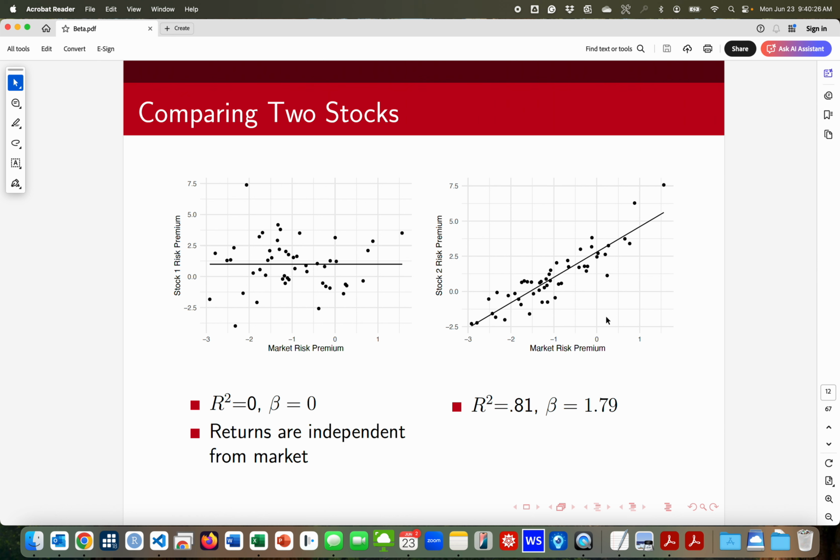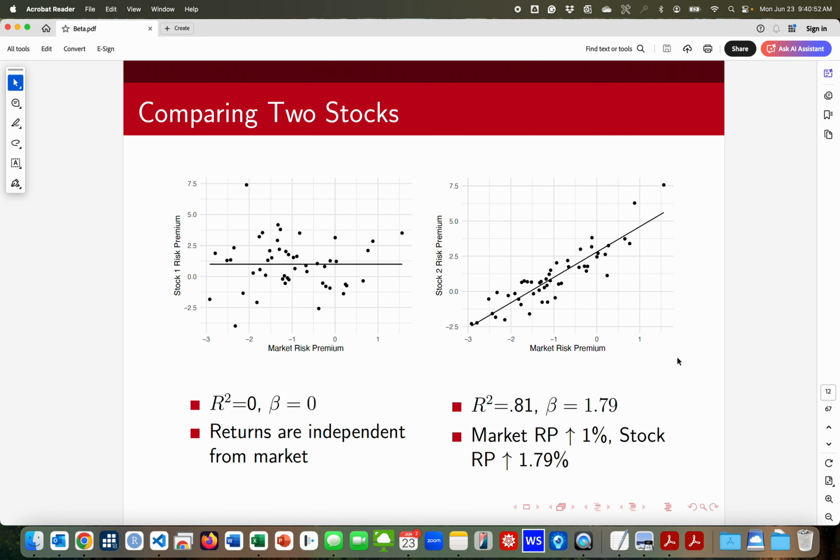So if you think about what that 1.79 represents, it's the slope of the line that we estimated through those points. So if you look at the slope of this line right here, it would be exactly 1.79. And that 0.81 tells us that 81% of the stock 2 risk premium is explained by the market risk premium.